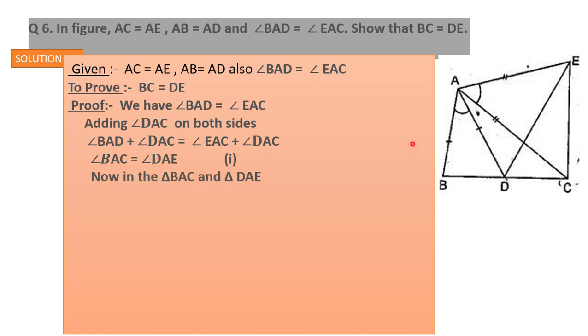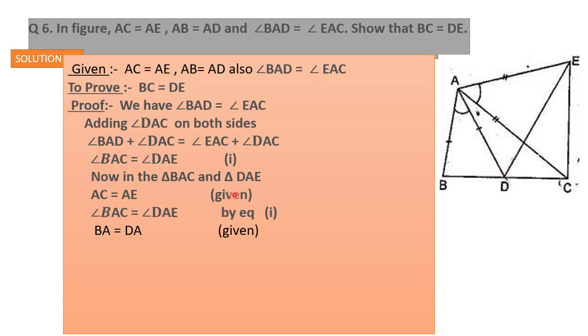Now we take the triangle BAC and the triangle DAE and we will prove these two triangles are congruent. For this, first of all, given AC is equal to AE, angle BAC is equal to angle DAE as we proved by equation number 1. And one more thing given in the problem, AB is equal to side DA.